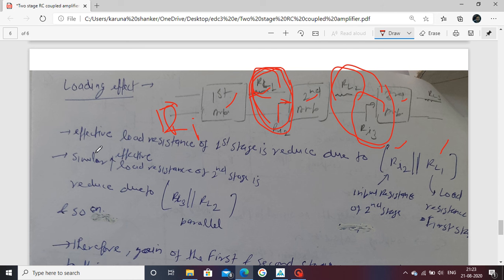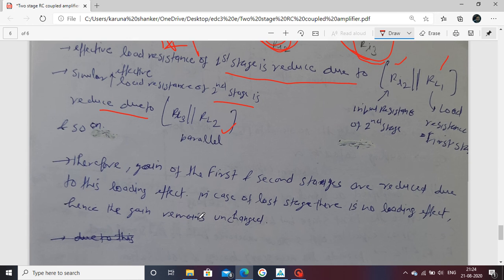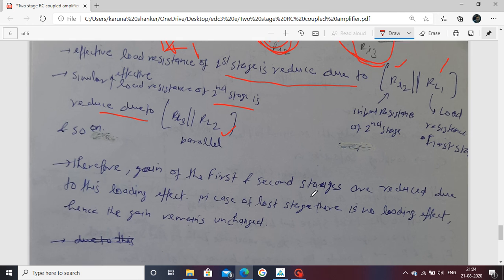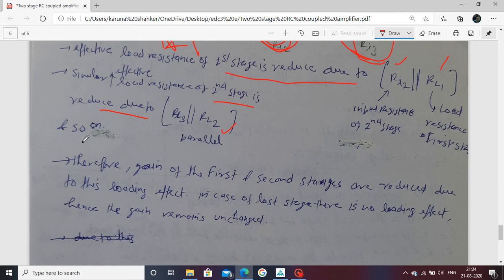Overall, note the point: the effective load resistance of the first stage is reduced due to parallel combination. Similarly, the effective load resistance of the second stage is reduced, and so on. If there are 4 stages or 5 stages, that's why we use the words so on.